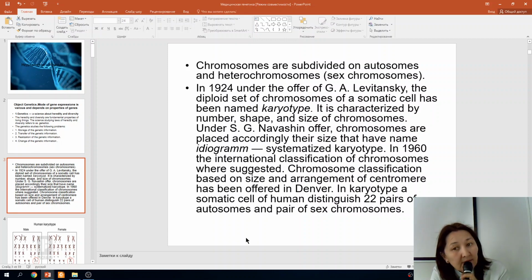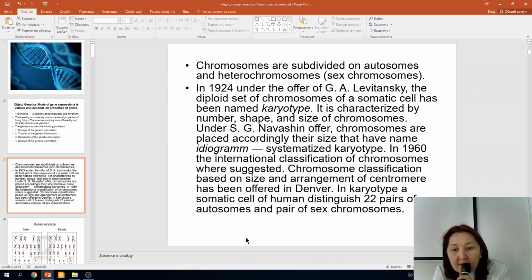Chromosomes are subdivided into autosomes and heterochromosomes. It means sex chromosomes. In 1924, under the author Levitsky, the diploid set of chromosomes of a somatic cell was named karyotype. It is characterized by number, shape, and size of chromosomes.